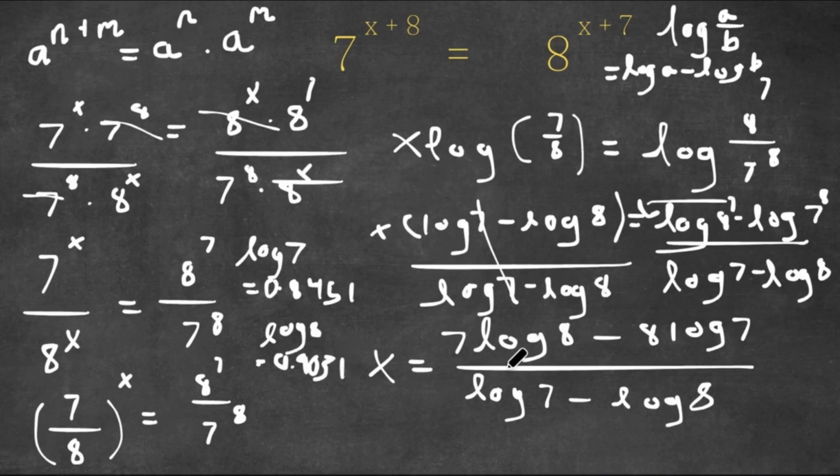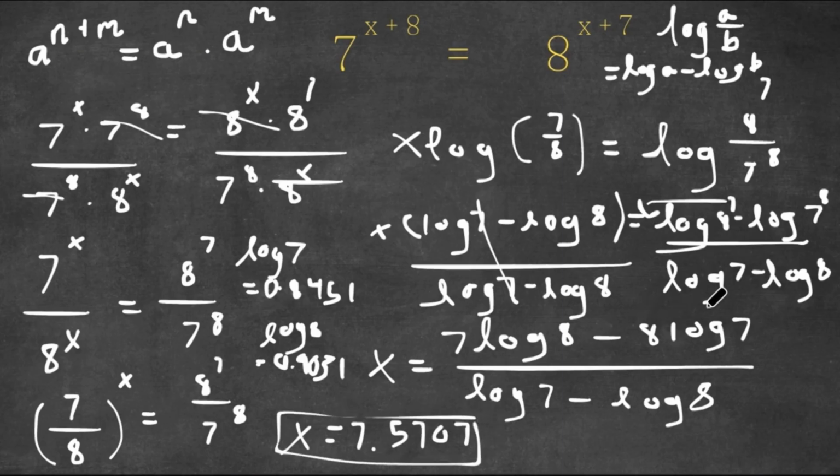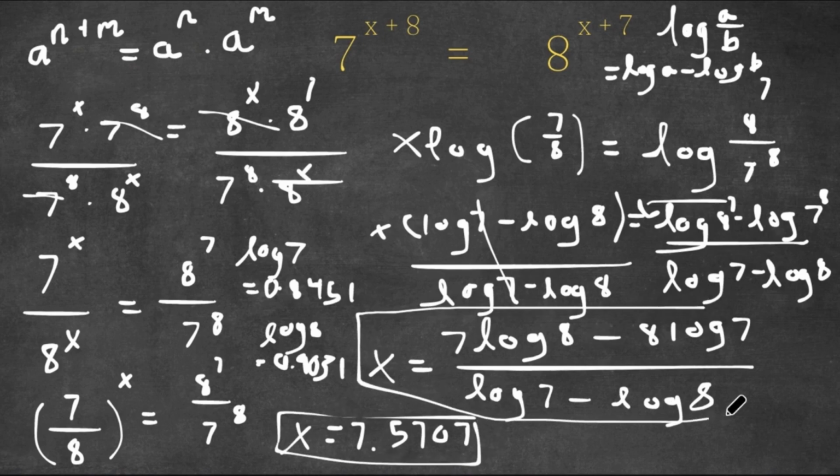So if we plug these values in, we get x is equal to 7.5707. So this is our answer. And we can also write it like this. Doesn't really matter. But yeah, that's our answer.